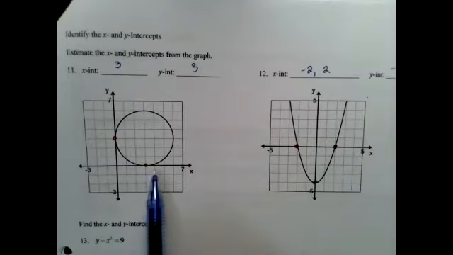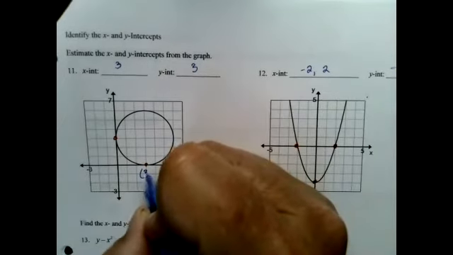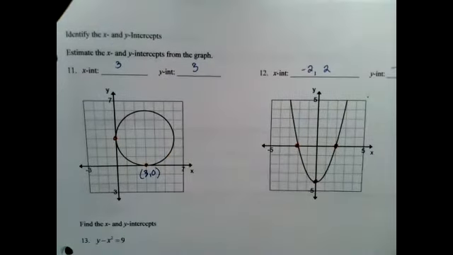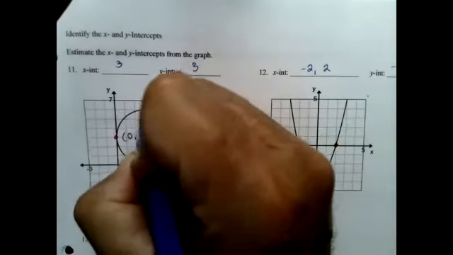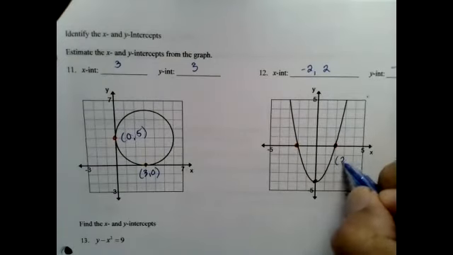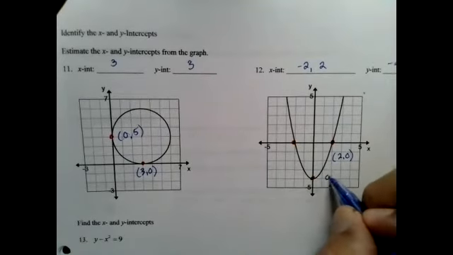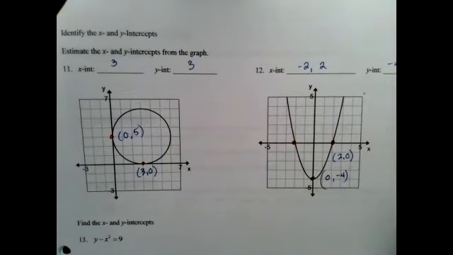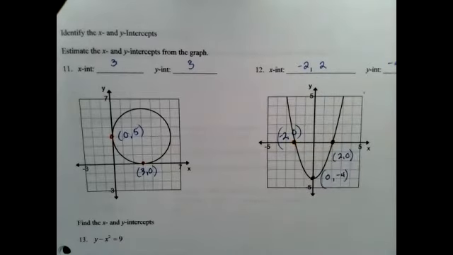Now, when I talk about this x-intercept, it's at the point 3, 0. Over here, this is at the point 0, 5. 2, 0. 0, -4. -2, 0.